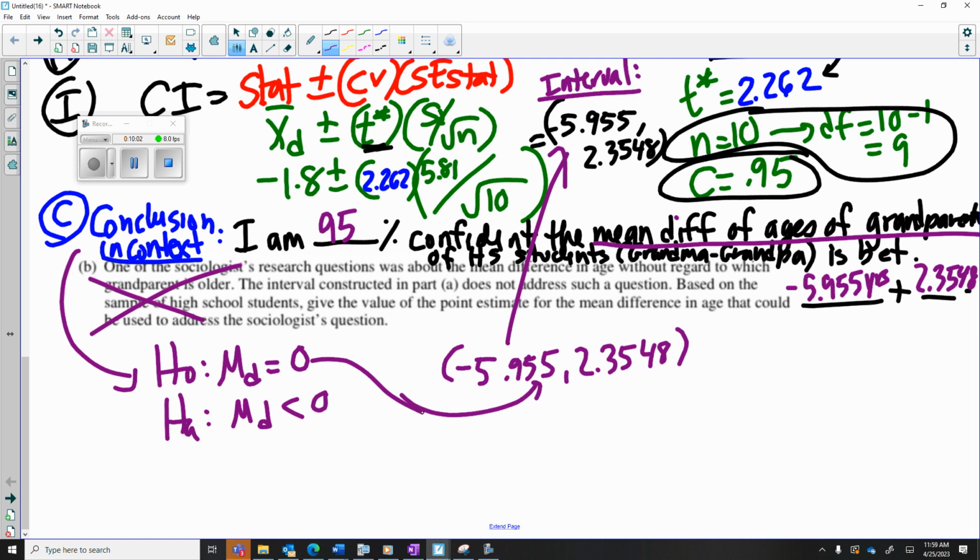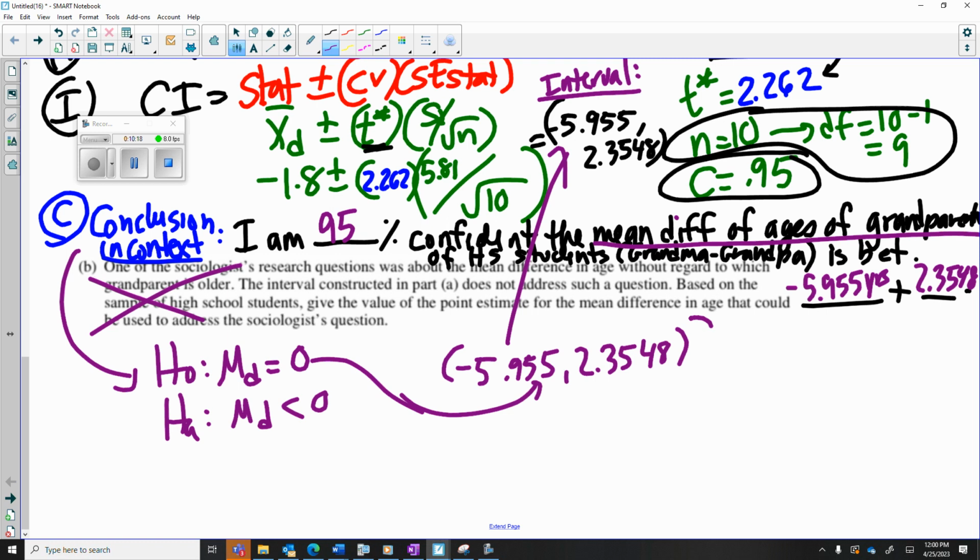So because 0 is contained in the interval, we can't definitively say that all the time the grandpa is greater than the grandma's age. So because 0 is in the interval, 0 is plausible or possible, so we fail to reject the null hypothesis.